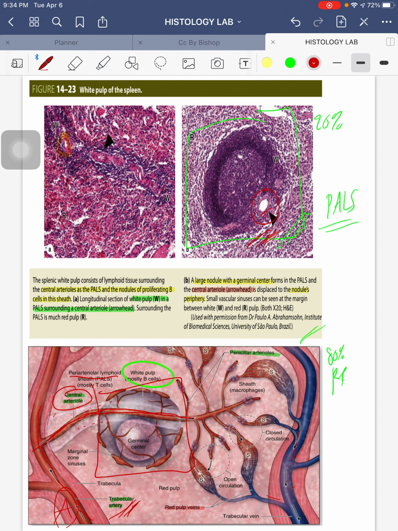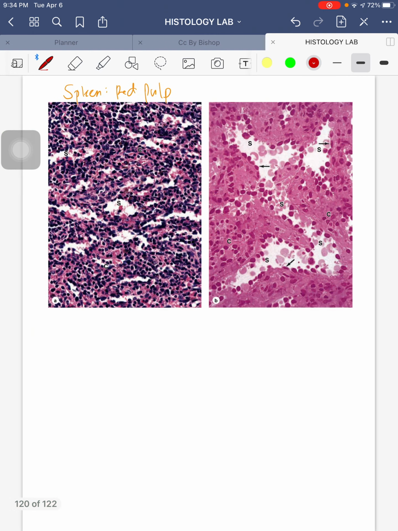So if you see an artery with a lymphoid mass, and you're asked to identify the layer or the area, you will immediately answer white pulp. That's what I want to emphasize, what you see in what areas. I won't make it that long.